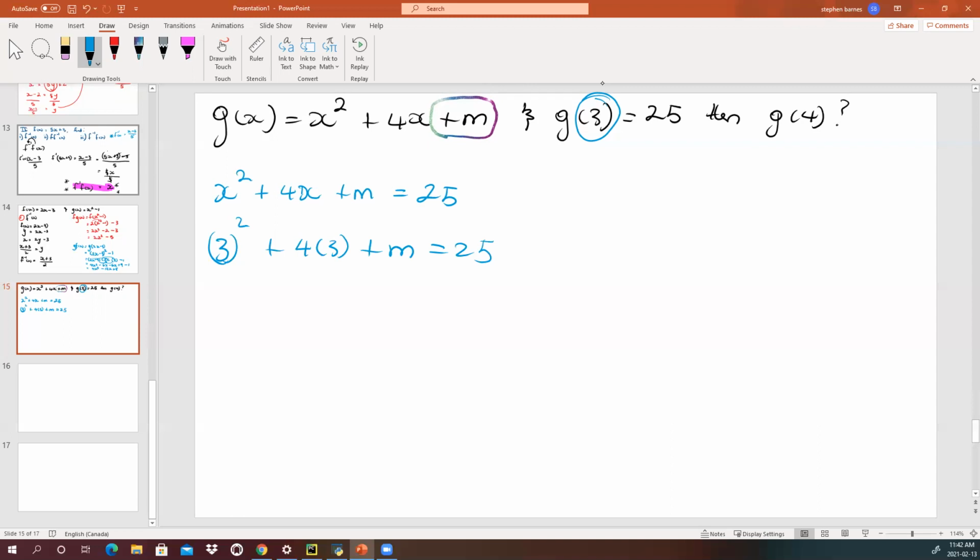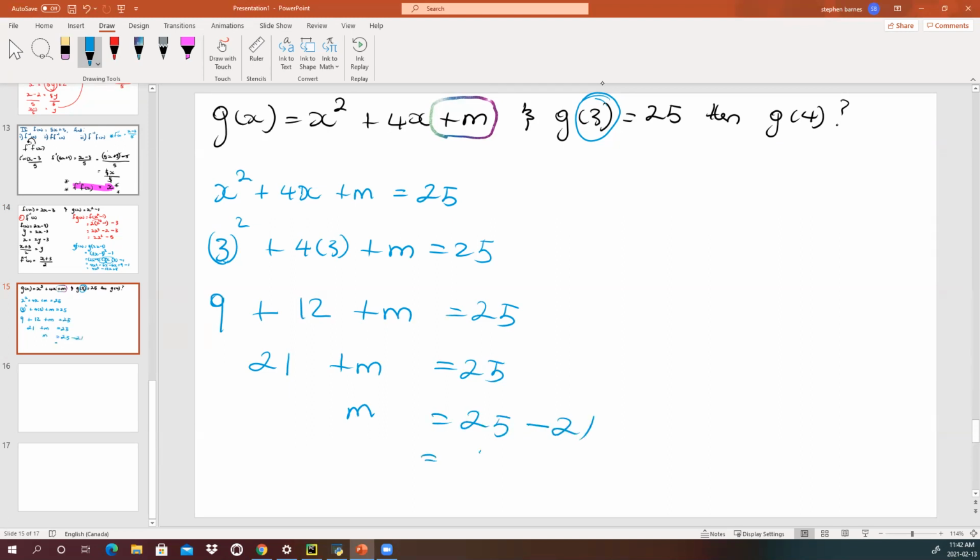You can find out what m is. 9 plus 12 plus m is equal to 25. 9 plus 12 gives you 21, plus m equals 25, which means m is equal to 25 minus 21. M is equal to 4.